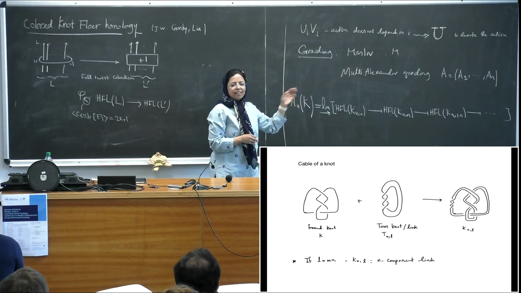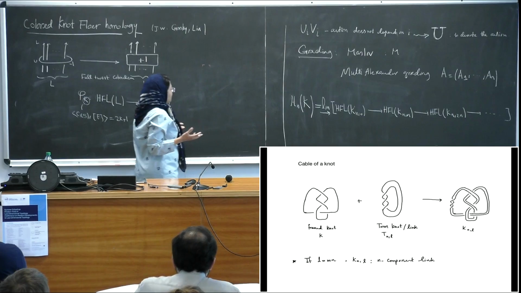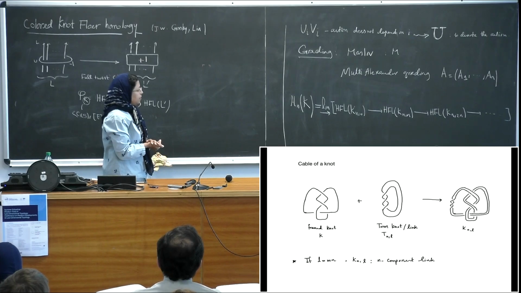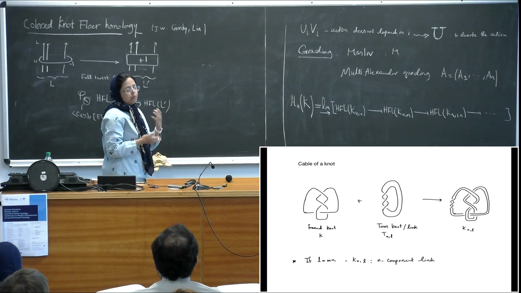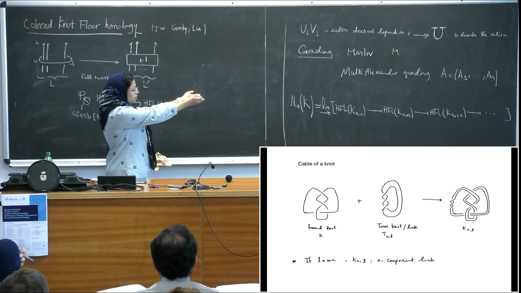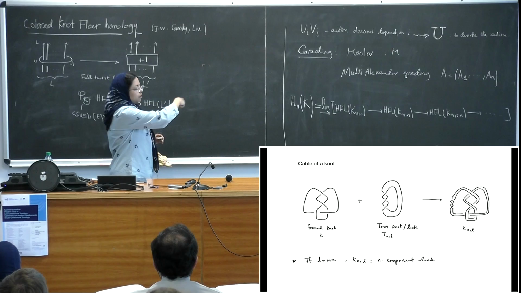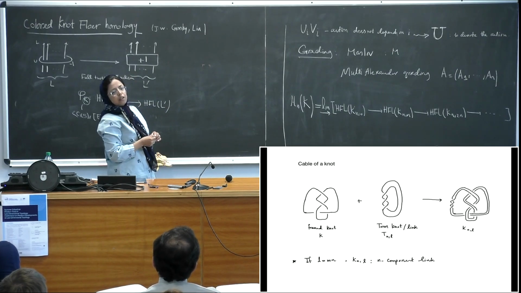Why am I doing this like that? There is another construction similar to this that they use, I think n and maybe n plus 1 cables of knots, and they use the hat theory, HFK hat.